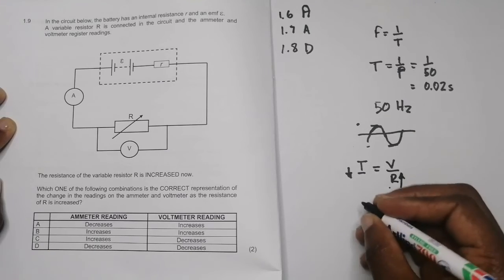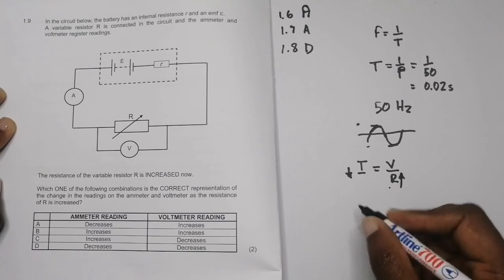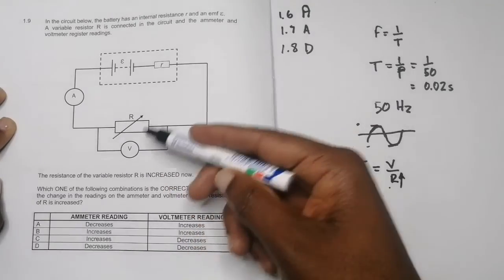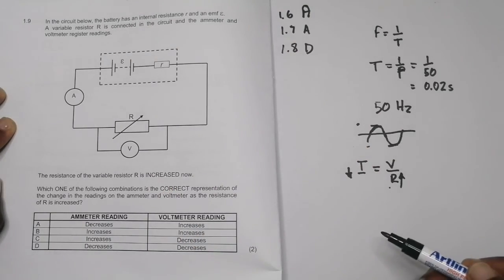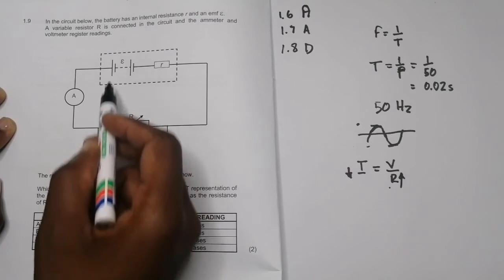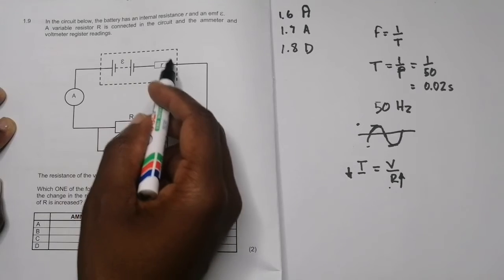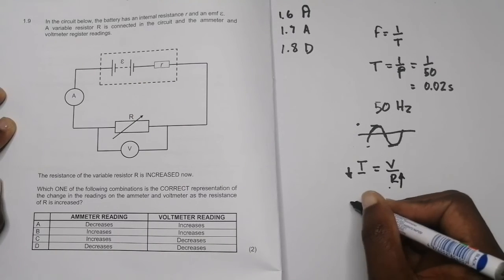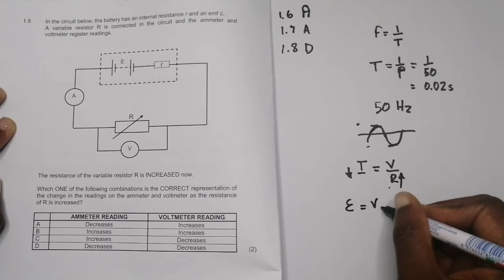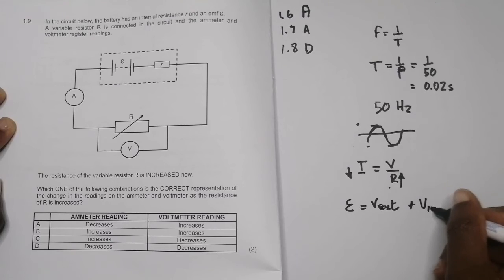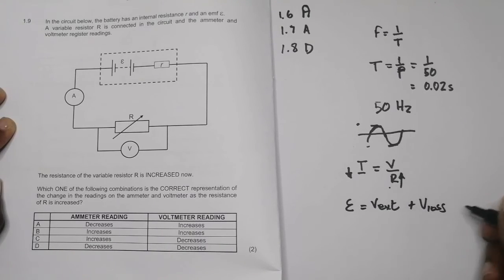Now, to talk about the voltage reading, I want you to know this voltage reading here is actually the external voltage. If you think about it, the EMF, that's the voltage inside the battery there. But remember that it is subjected to a loss due to the internal resistance. So EMF is V external plus V loss, or you can call it V external plus V internal.